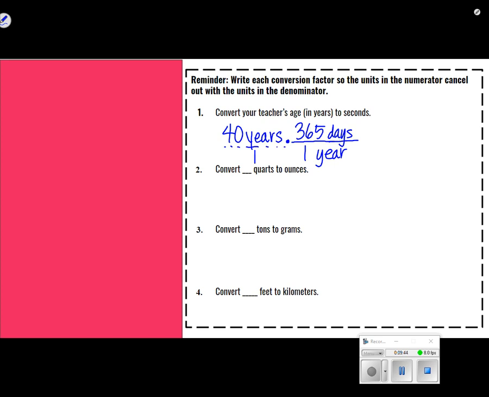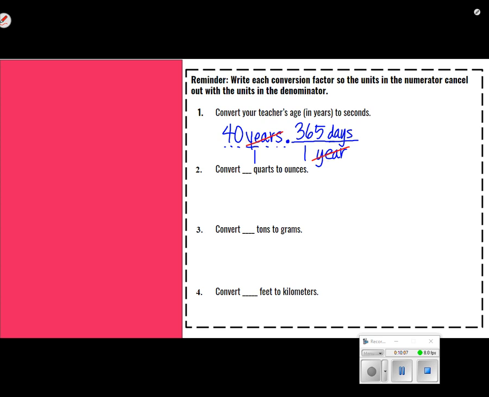So anything, even units, that I have in a numerator can cancel with a unit in a denominator. So what I have here is my years can cancel. And now when I multiply 40 times 365, I will have however many days there are in my age.